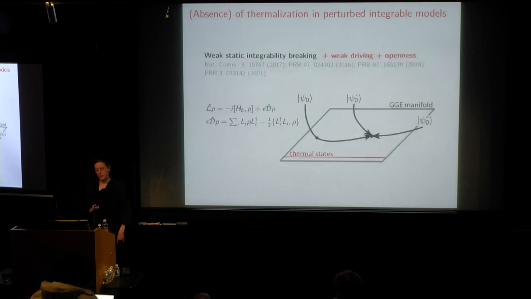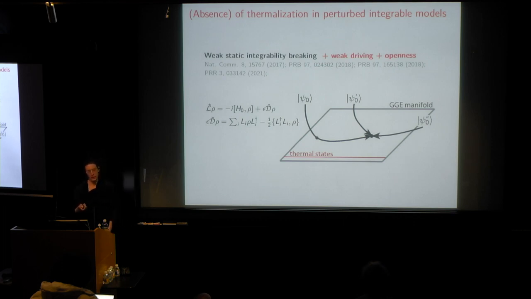What we showed a few years ago is that the situation gets much more interesting once we add some weak dissipation, such that the integrability breaking is not due to static perturbations, but due to driving and weak coupling to baths.